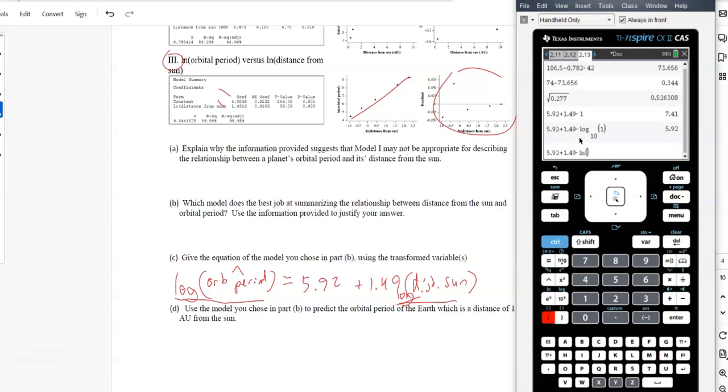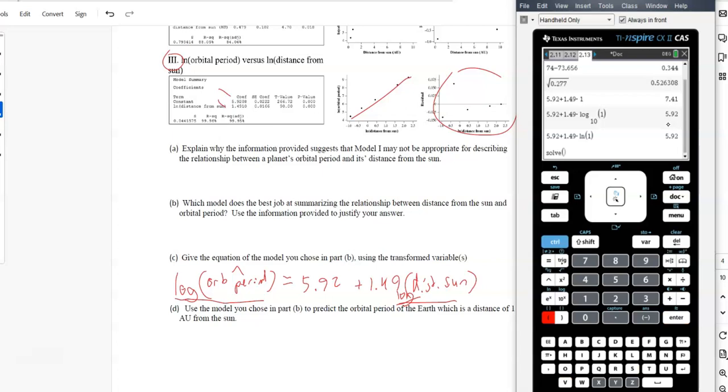So natural log of 1. Oh, that's interesting. So log and natural log of 1 is actually a property, I think. Okay, so it ends up being the same thing. So it's 5.92. So now we have an equation, and we're going to solve it.